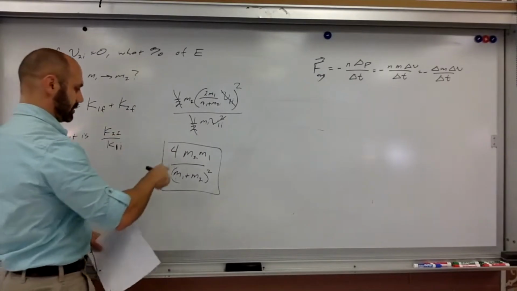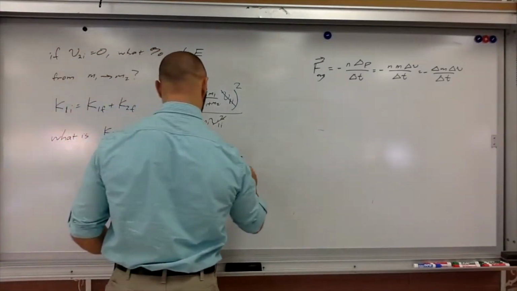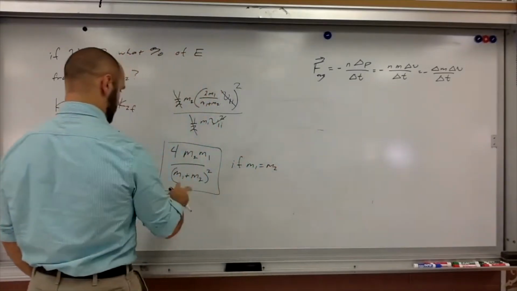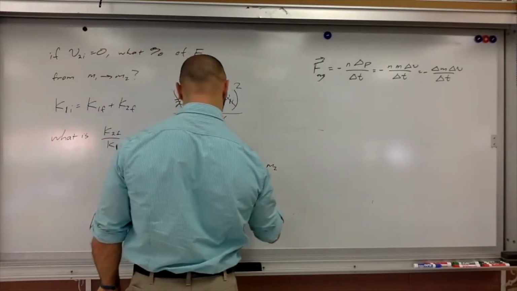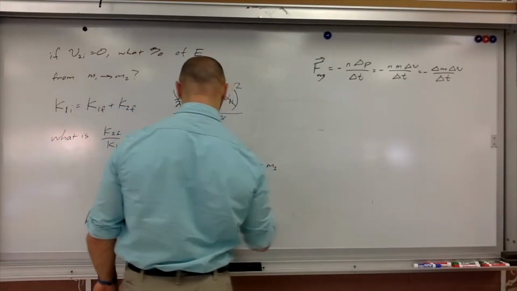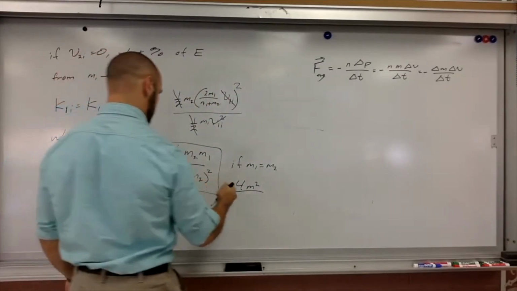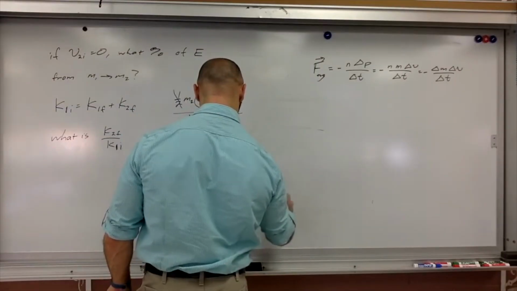If m1 is equal to m2, then this is 4m squared over 2m squared, so 4m squared over 4m squared equals 1.